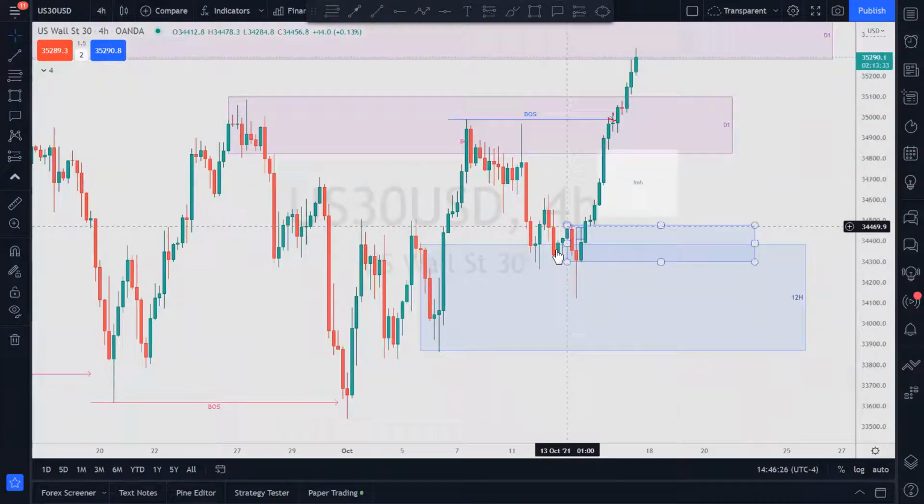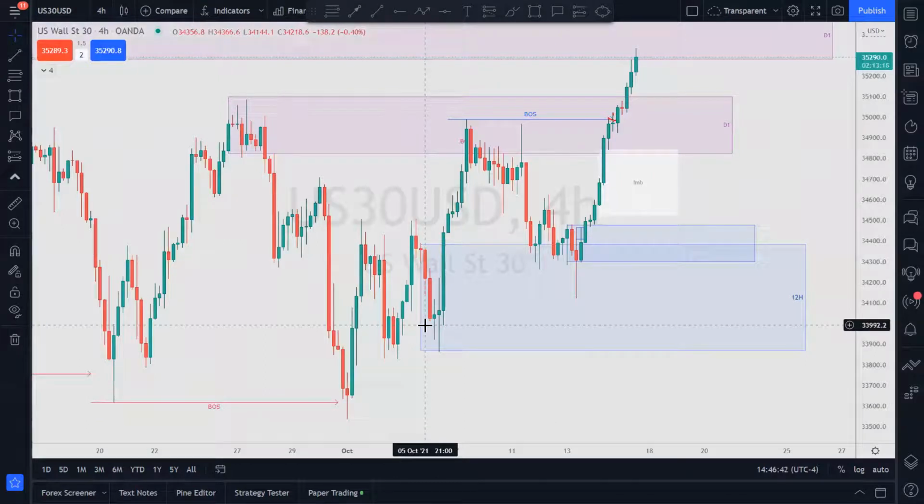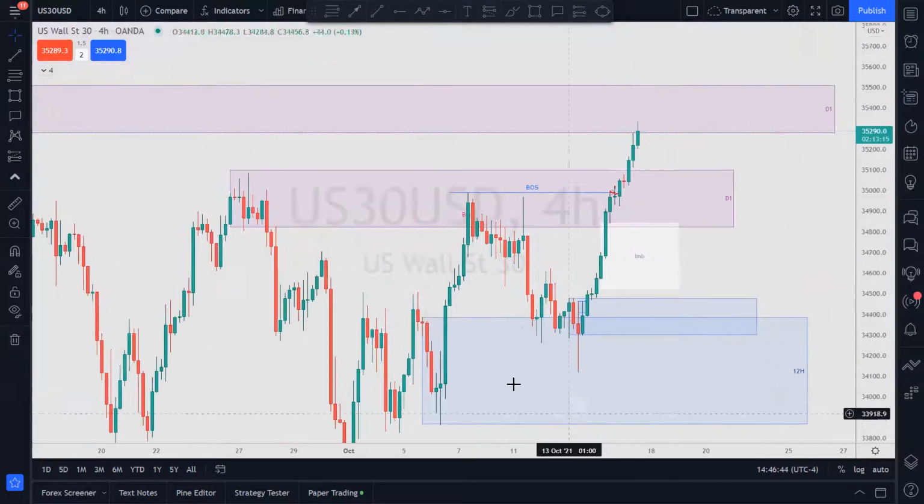But what you got to notice is that it made a higher low, came up, made a higher low. Once it breaks structure here, you got to know that price has gone from bearish to bullish momentum. And after it makes a higher low, you expect a higher high.